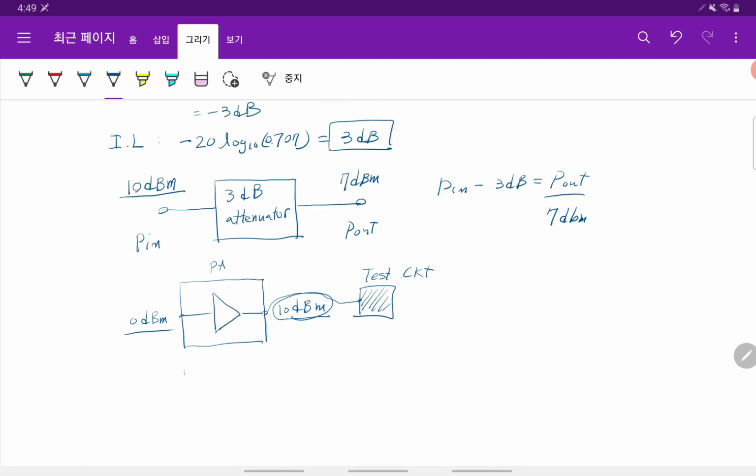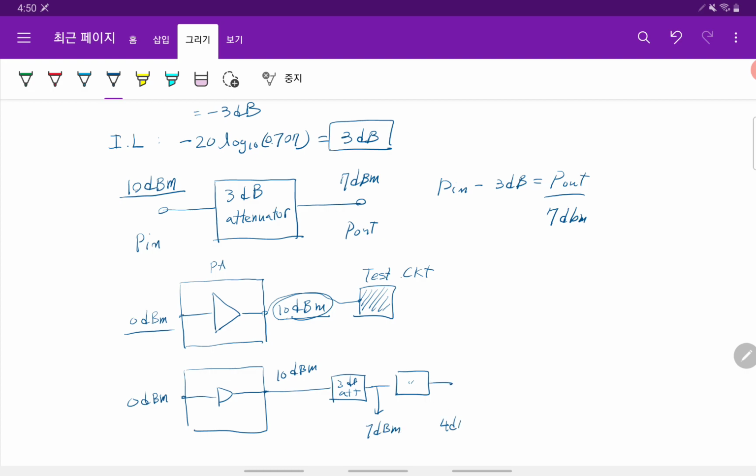So to reduce the power from this PA, let's say 10 dBm, if we put a 3 dB attenuator, after this 3 dB attenuator this will be 7 dBm, and then this is 4 dBm, right?